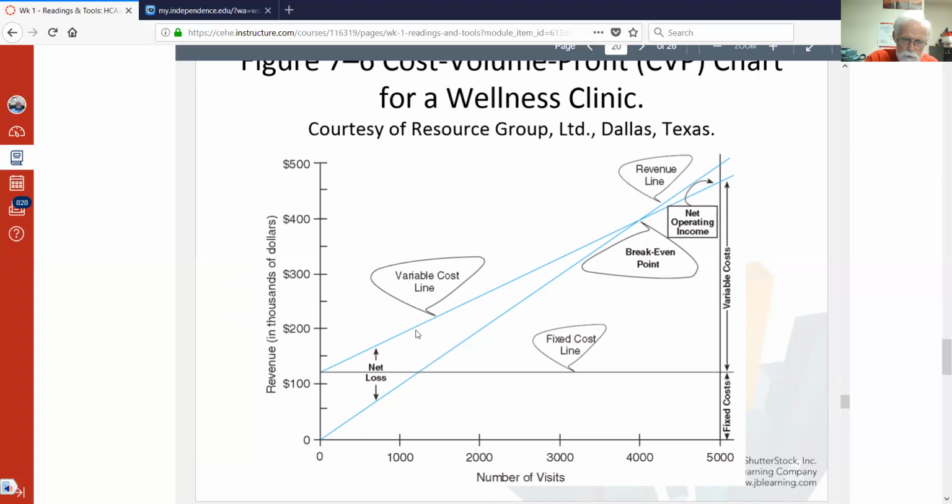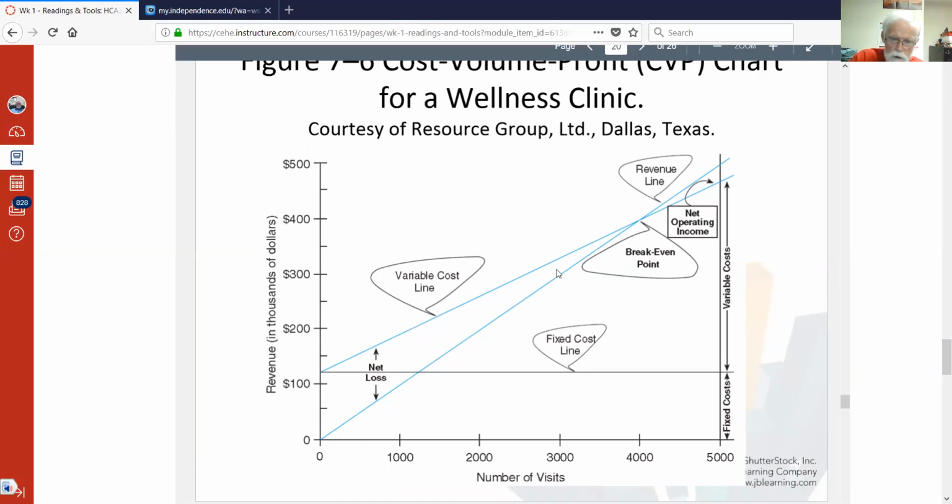So if our variable costs are sufficiently above our, let's just say here we have our variable cost line.